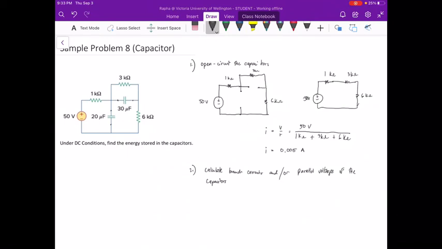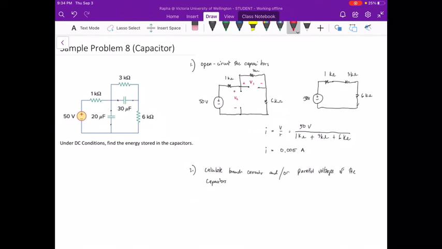Don't worry. Let me draw here our V1. This will be the voltage across our first capacitor, and then V2 for our second capacitor. We can solve V1 and V2 if we solve the voltages on the resistors parallel to these open circuits.